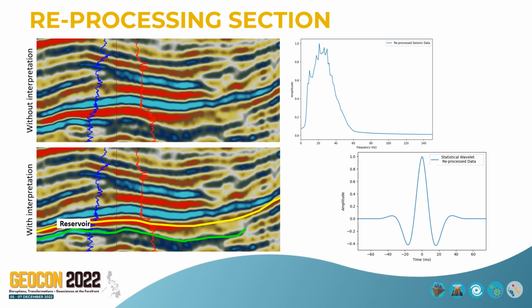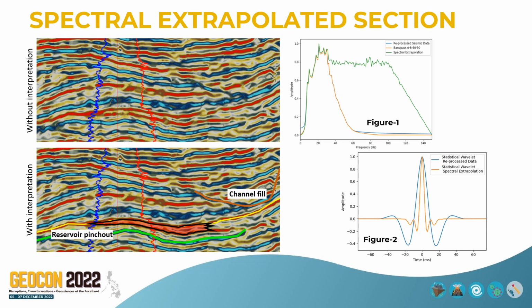Here we have conventional PSTM seismic results with and without interpretation. Also, on the right side we can see the frequency spectrum and statistical wavelet extracted for the input data. In this slide, we will see the spectral extrapolation result over conventional seismic.